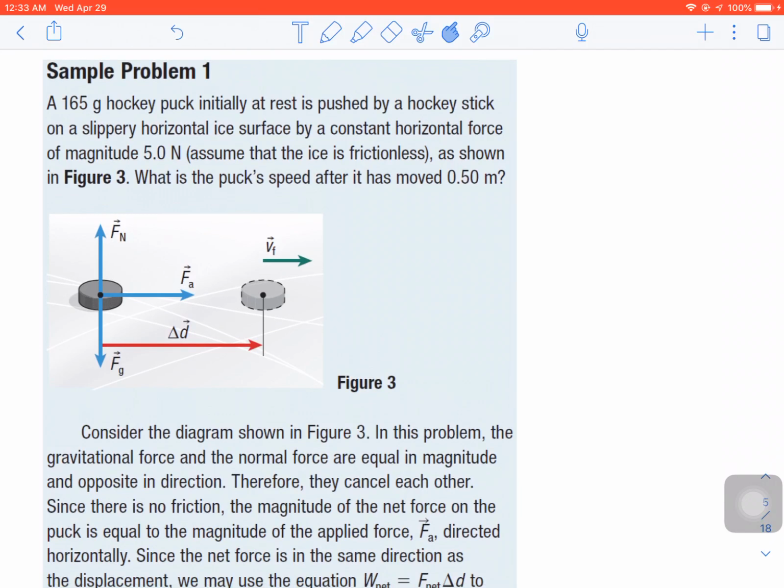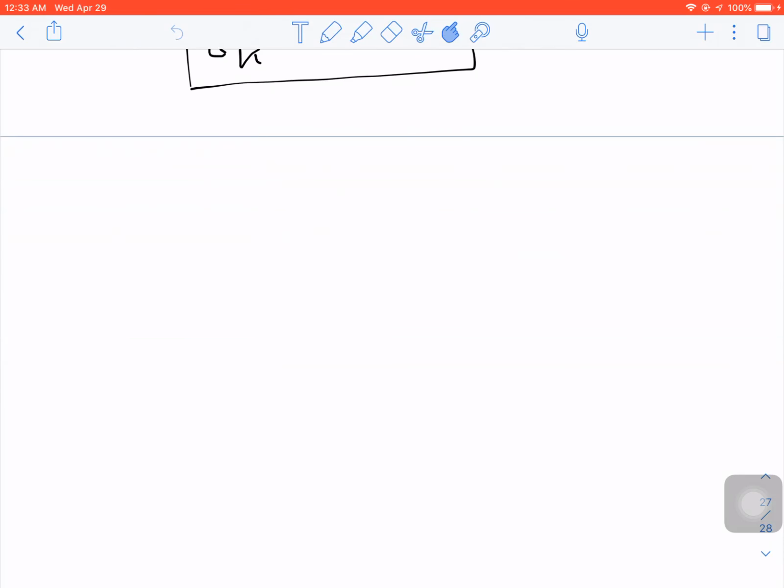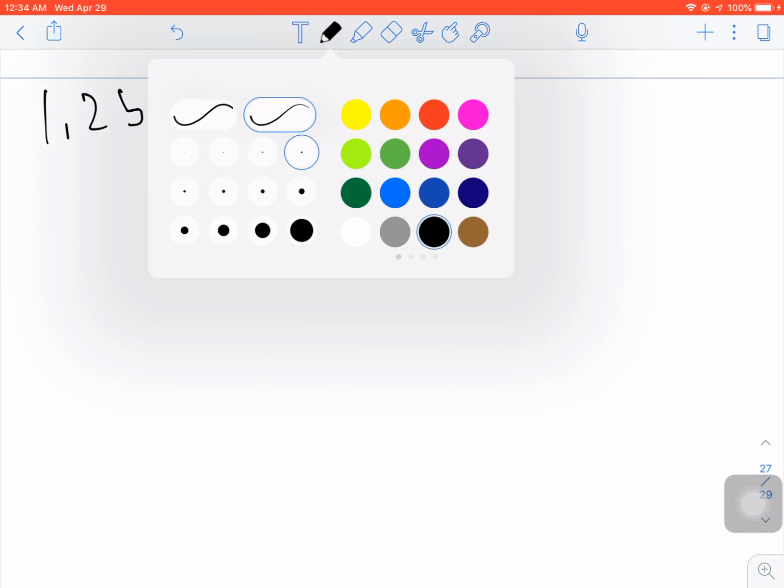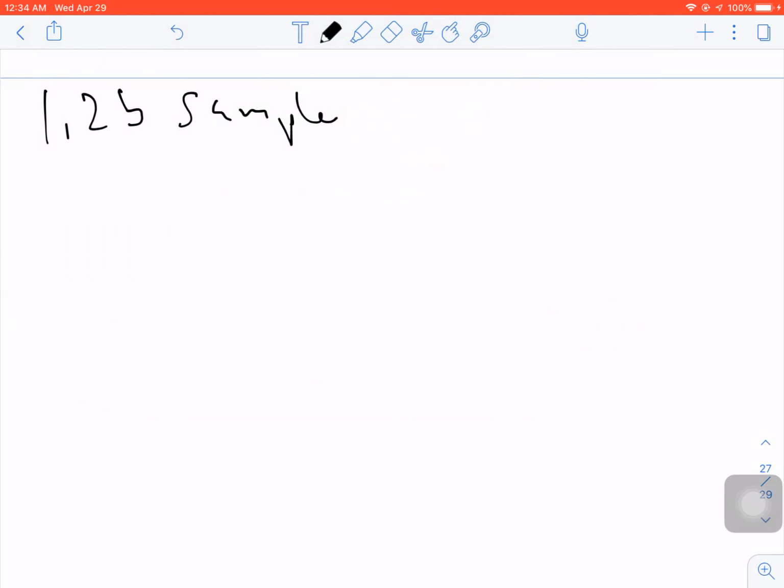Okay, so let's go back to 1.2b. This is the sample. It's just a bit bigger. Okay, so I've got my hockey puck, and it is 165 grams.